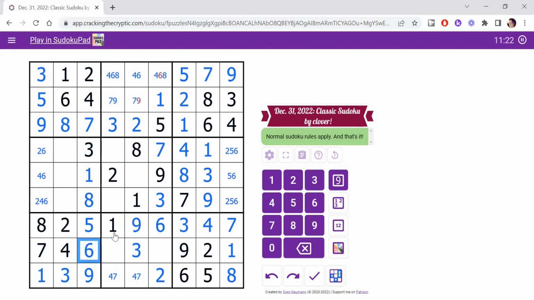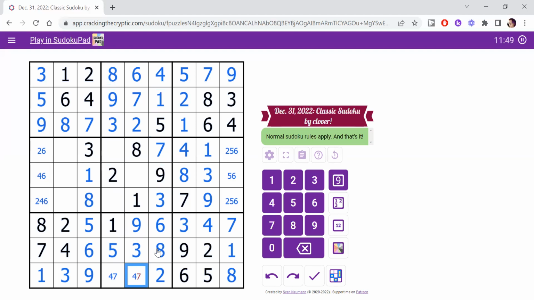5 and 9. 6. 1, 2, 3. This is going to be 4, 5, and 8. 5 and 8 are that pair, but there's already a 5 here. That's my 8, my 5. Coming on up now, that must be my 4, my 6, my 7, my 9, my 8.